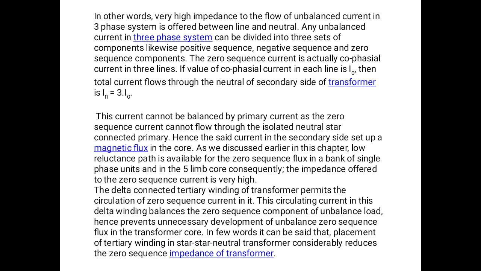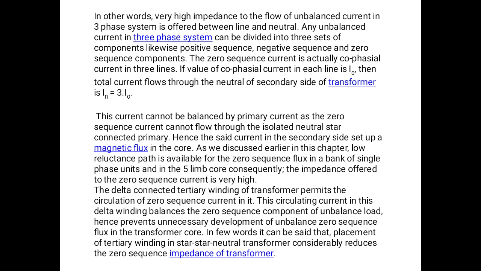This current cannot be balanced by the primary current, as the zero sequence current cannot flow through the isolated neutral of the star connected primary. Hence, the current in the secondary side sets up a magnetic flux in the core.